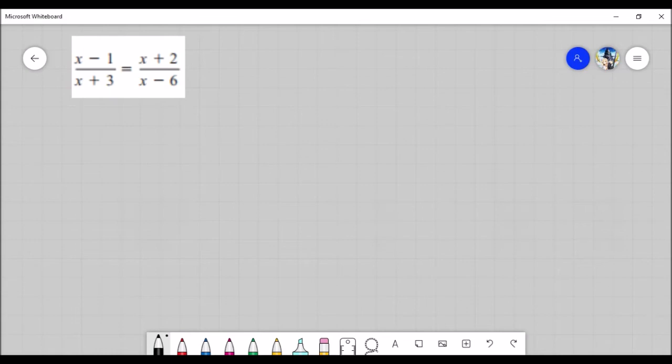Simple way to get rid of these rational expressions to make it in a form that we're used to seeing. So in this case, we won't be doing what we did in the last one by multiplying the entire equation by the least common multiple. Not in that sense anyway.